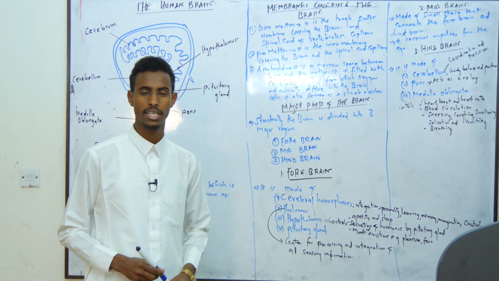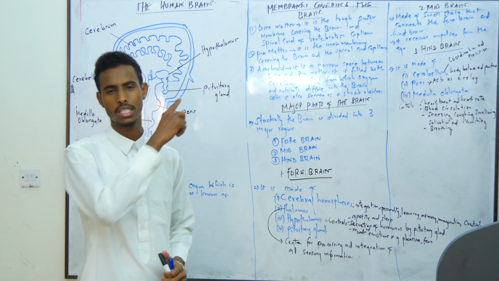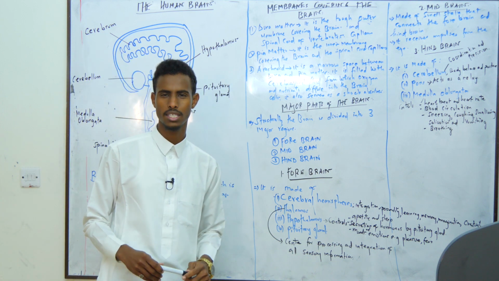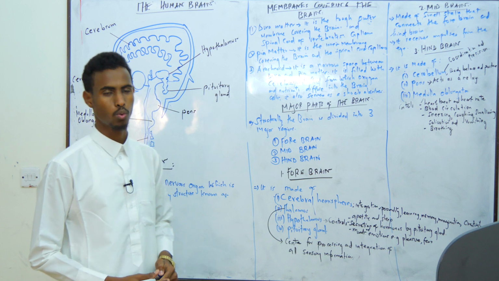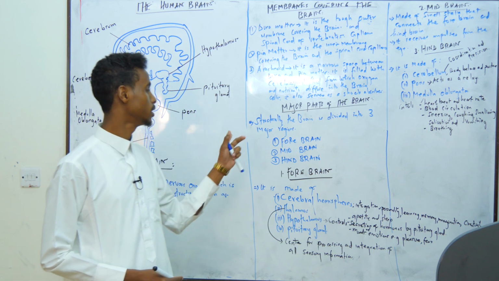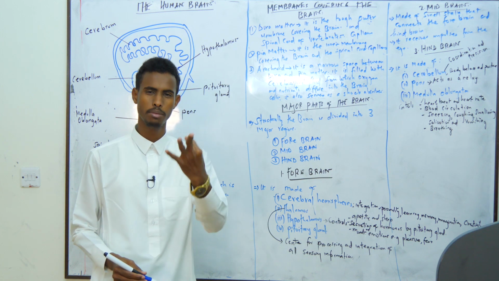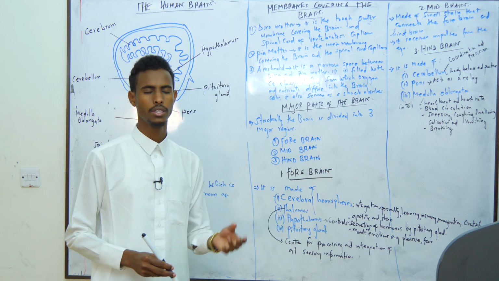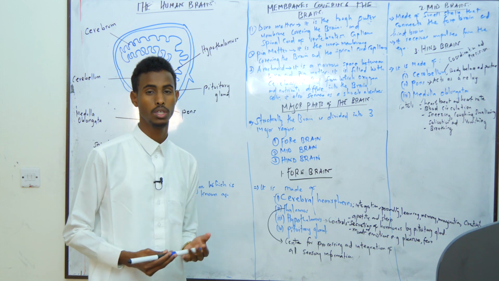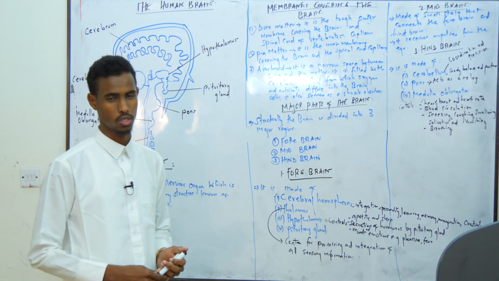Nourishment means it supplies nutrients and oxygen to the brain cells, and it also removes the waste products from the brain cells. That is basically about the membranes covering the brain, the narrow space between them, and their functions.